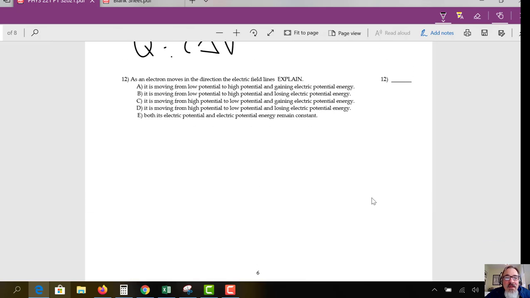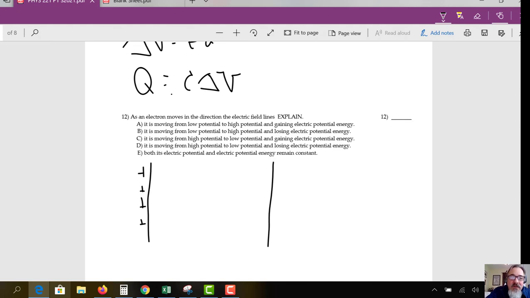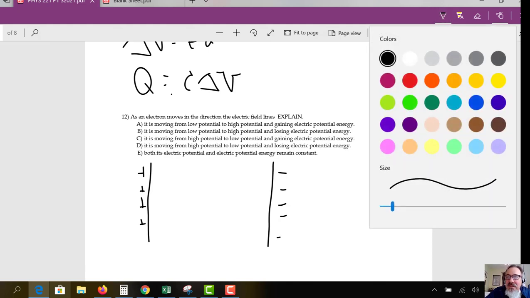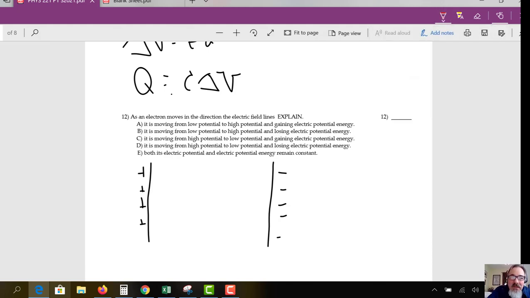An electron is moving in the direction of electric field lines. Okay, good. So let's actually figure out a situation where this could happen. So the electric field lines go from the positive side to the negative side. Let me just change the color so I can really illustrate this. This is the electric field.